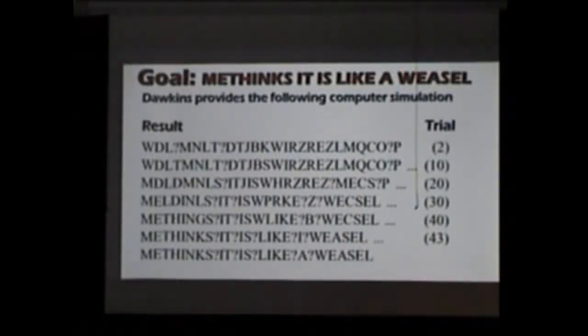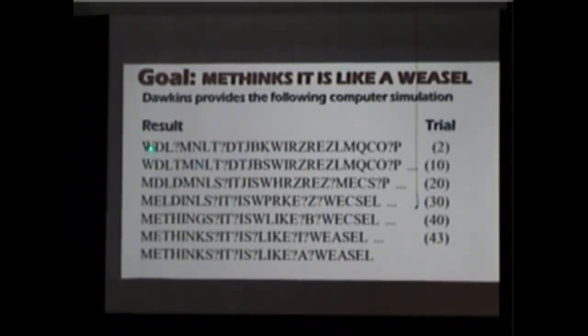That's from Shakespeare. So he has a computer program, and you type in letters randomly, and then the program changes the letters, and if it saves something, okay, these are the letters. It started out with W, and the program did not save that because it doesn't meet the goal of methinks is like a weasel. M does, so that's saved. So now we get M saved, and of course D, that doesn't meet the goal, so E does.